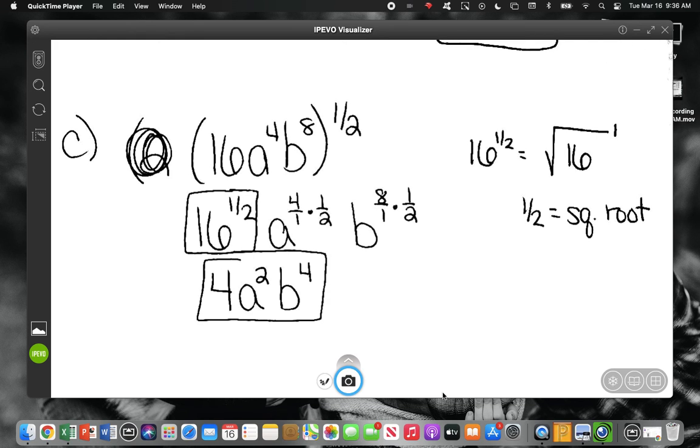And then tomorrow, maybe the first 10 minutes of class, if you have questions about the assignment and want to work out a couple of them, we can. And then I will let you work on the second assignment tomorrow. And then we are quizzing on Thursday. So this is our last official day of notes. But if we need to do more examples tomorrow, if you have questions, we can definitely do that.